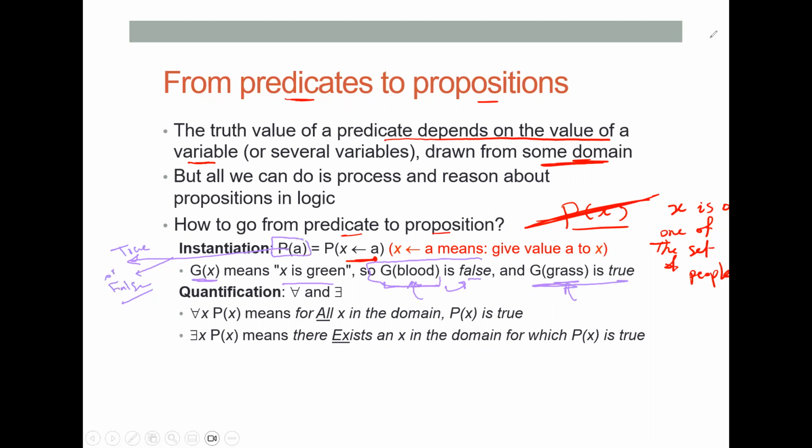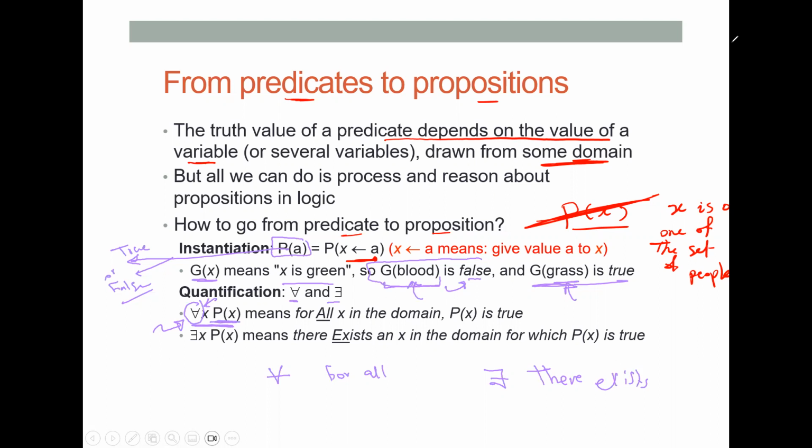So in predicate logic, we're gonna use quantifiers. This one is called for all, and this one is called there exists. Okay? So what does this mean? How can we read it? I'm gonna say for all values of X, P of X is true.